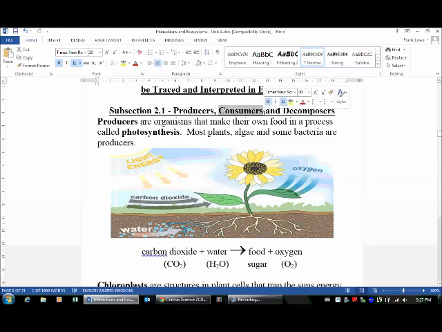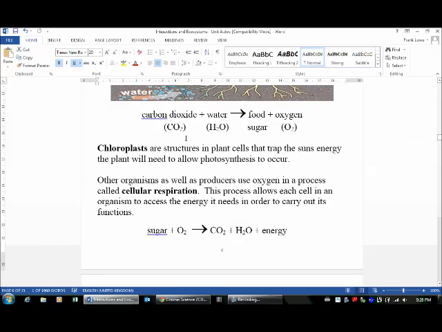We eat other things in order to get our energy. But the plant and us still can't get the energy that's in that food. So this food right here, our cells can't access it, whether we're plants or humans or dogs or whatever. We can't use that energy unless this happens in our cells, cellular respiration.